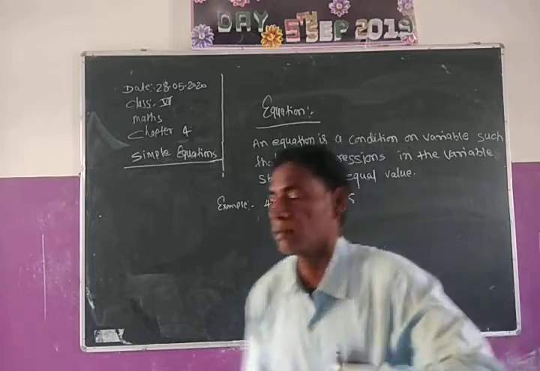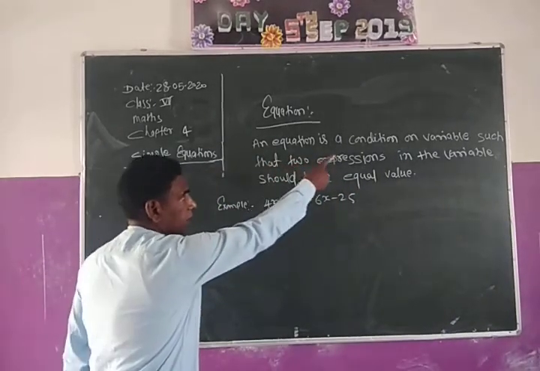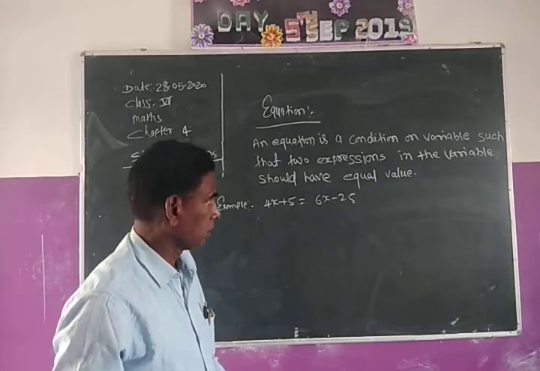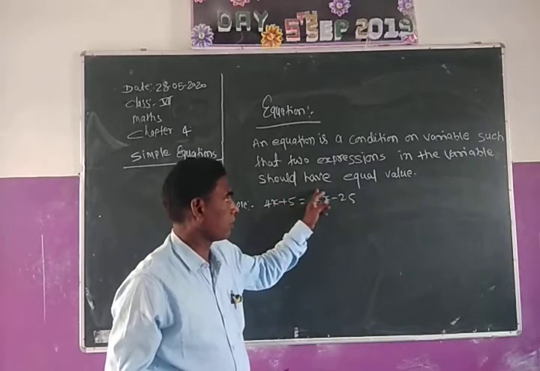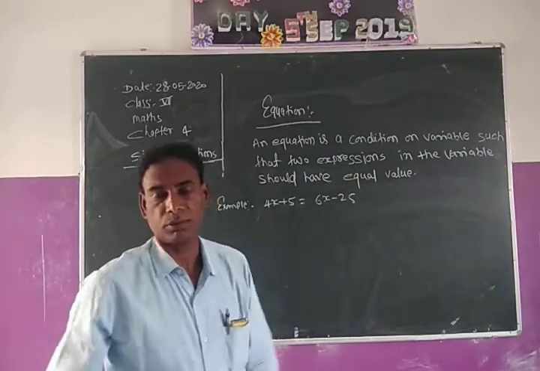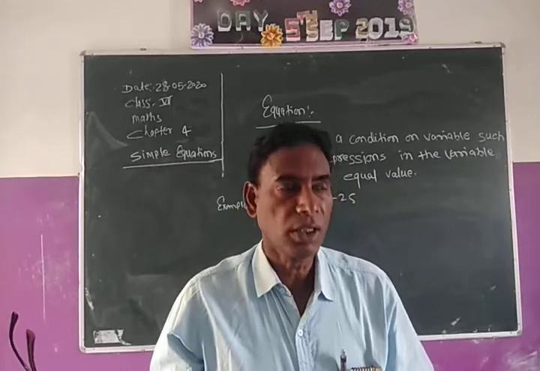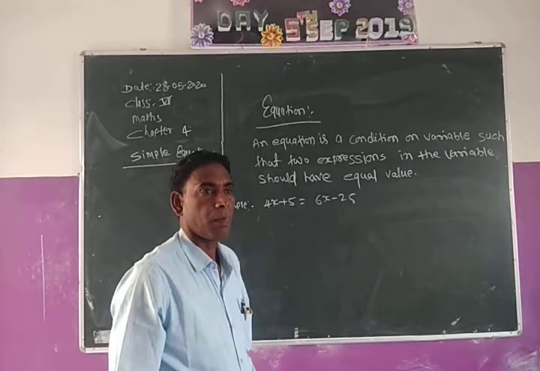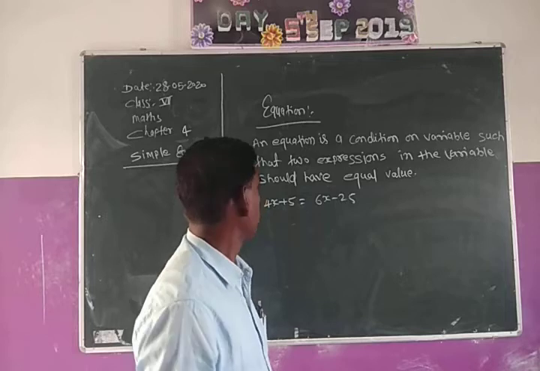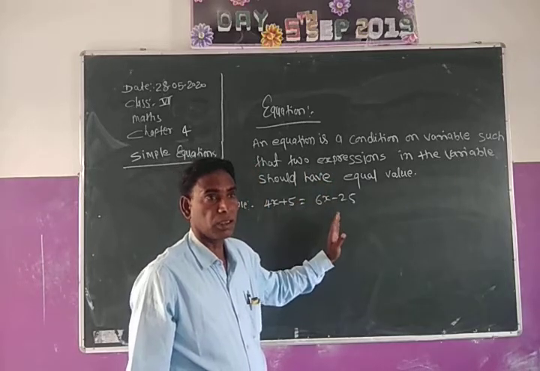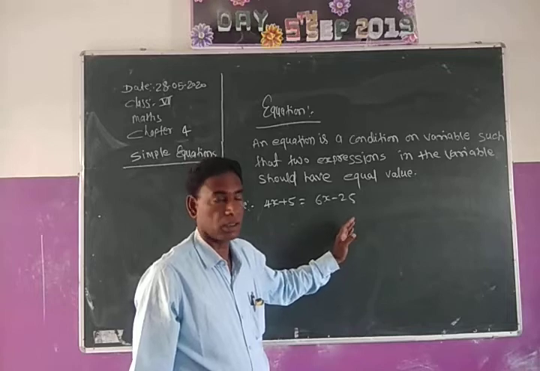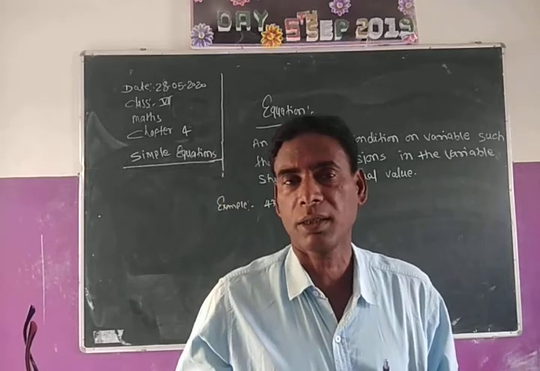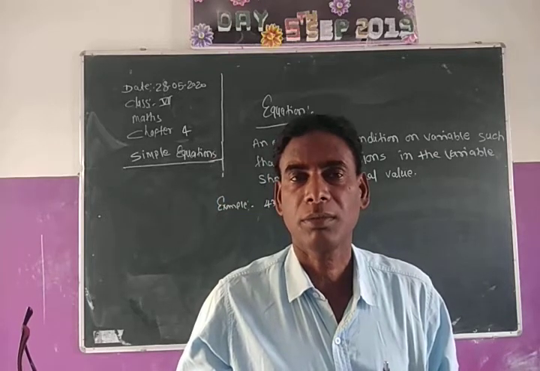The definition says an equation is a condition on a variable such that two expressions in the variable should have equal value. Any equation has two sides, left hand side and right hand side, and both are separated by an equal sign.